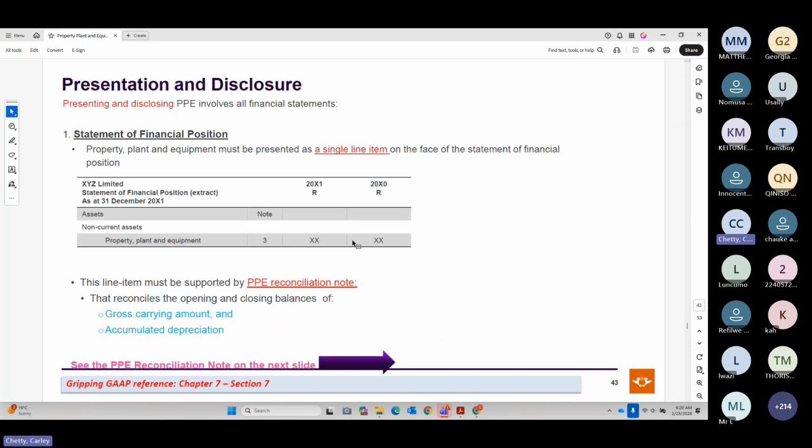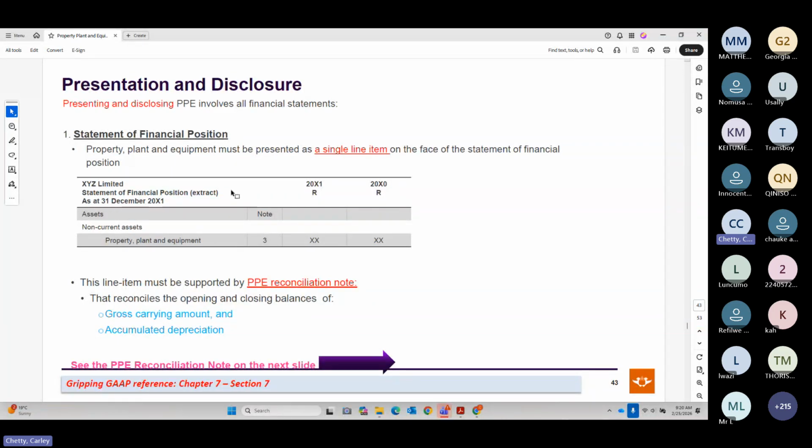So here we have an example of a statement of financial position. So property, plant, and equipment must be shown as a single line item on the face of the statement of financial position. So you can see here that we have a heading for the company, XYZ Limited, statement of financial position.